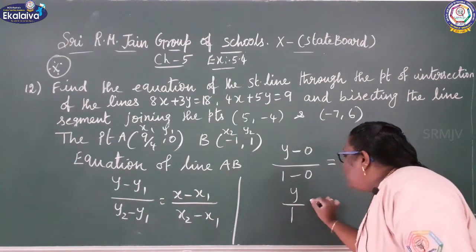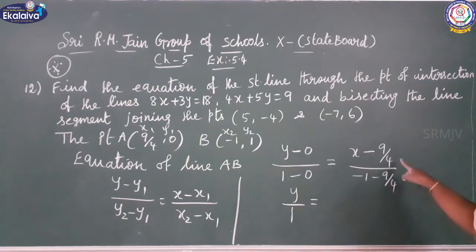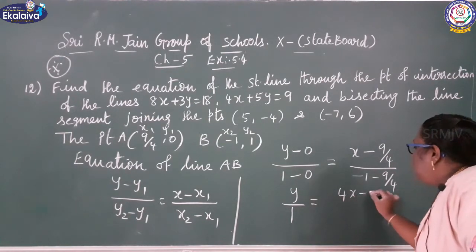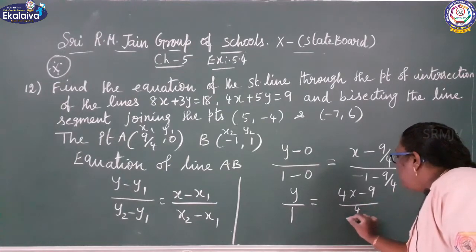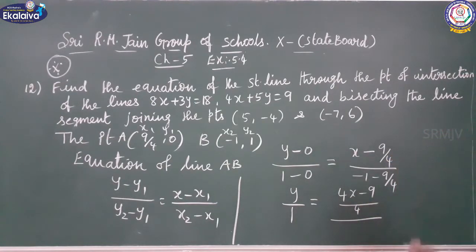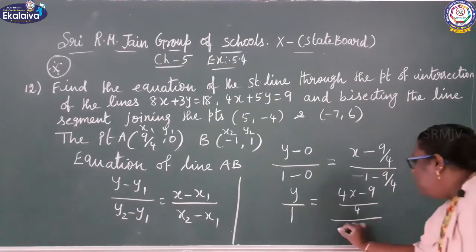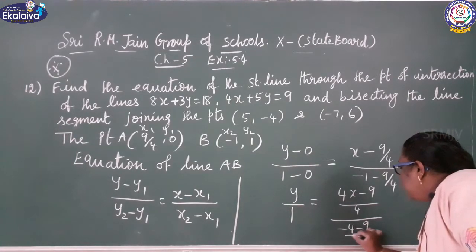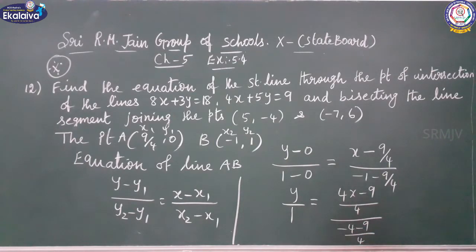So y by 1 equal to, you can take it as 4 as the LCM. So 4x minus 9 by 4, by, the same way you can take 4 as the LCM, minus 4 minus 9 by 4. 4 get cancel, because if it is reciprocal, 4 get cancel.